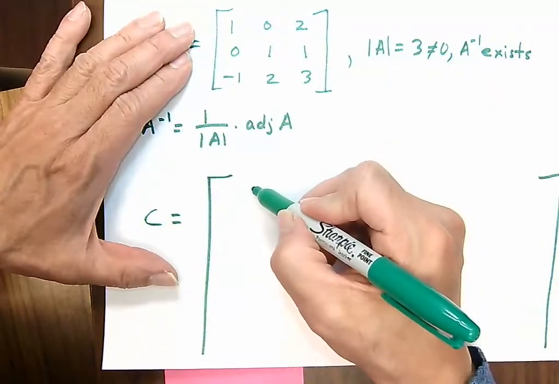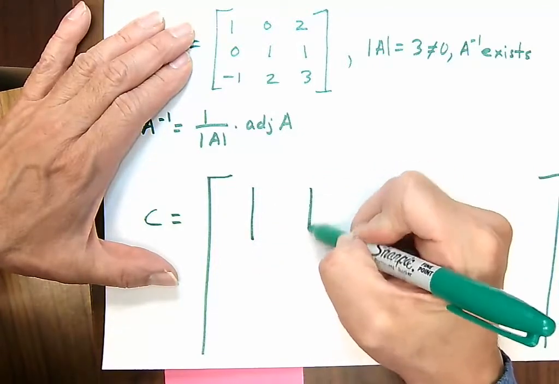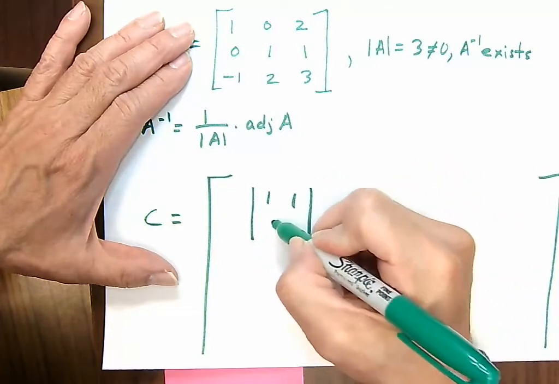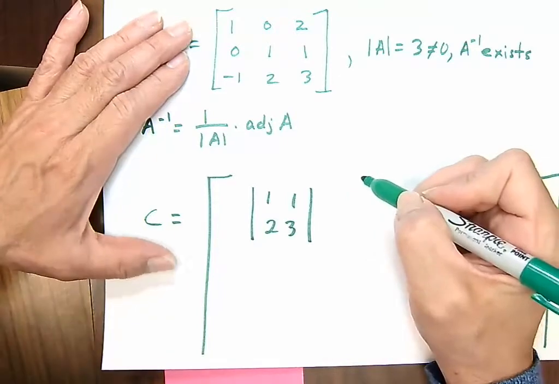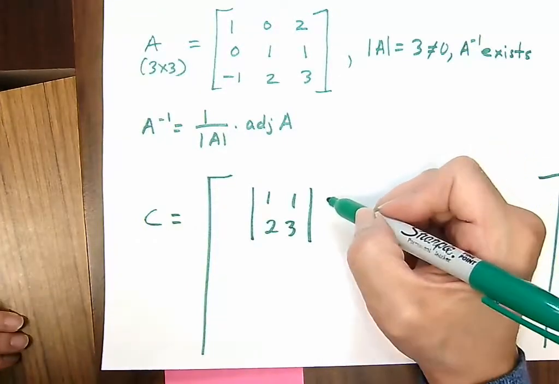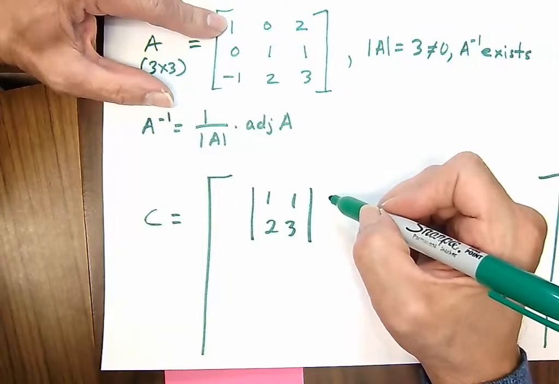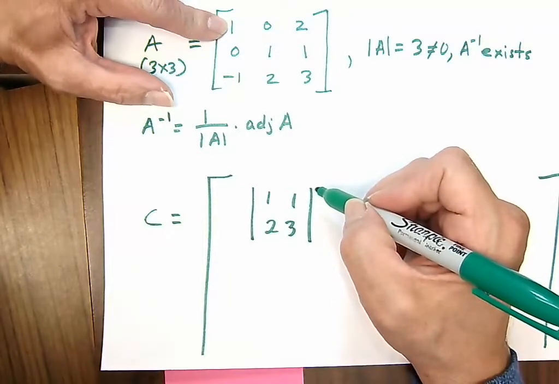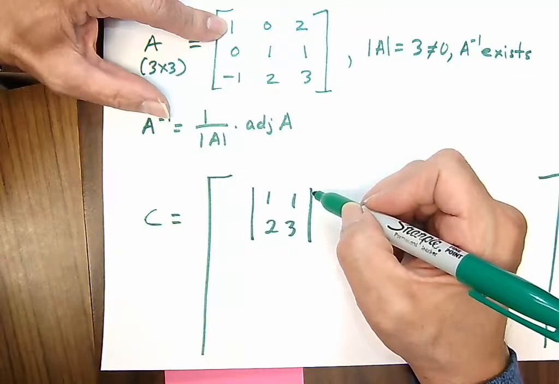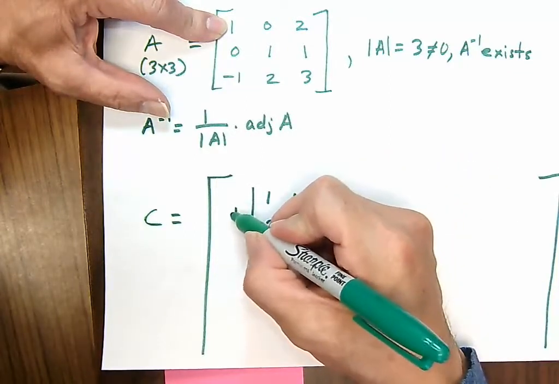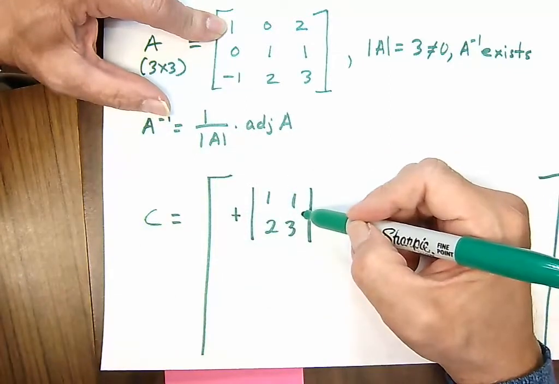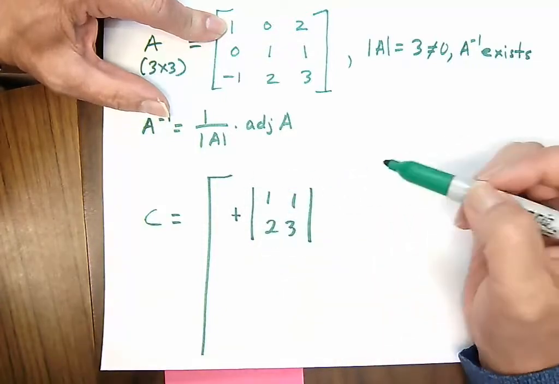So we're going to get the determinant with the elements 1, 1, 2, and 3. Now we need to attach a sign to that minor to get the cofactor of element A11. If we look at element A11, 1 plus 1 is 2, which is even. So we're going to attach a plus sign to that minor of element A11 to get the cofactor of element A11.